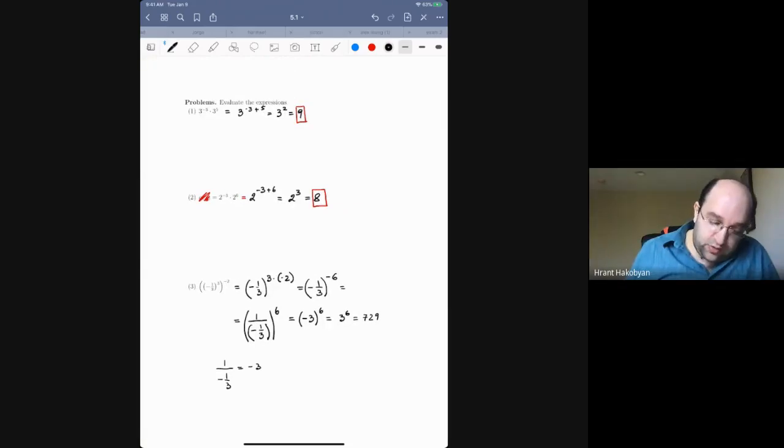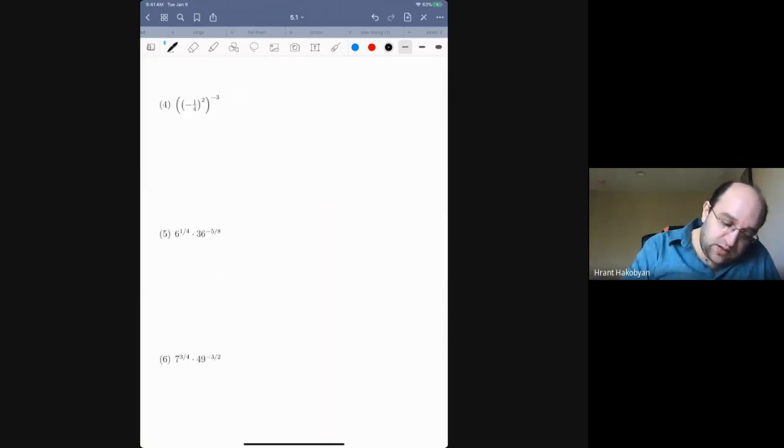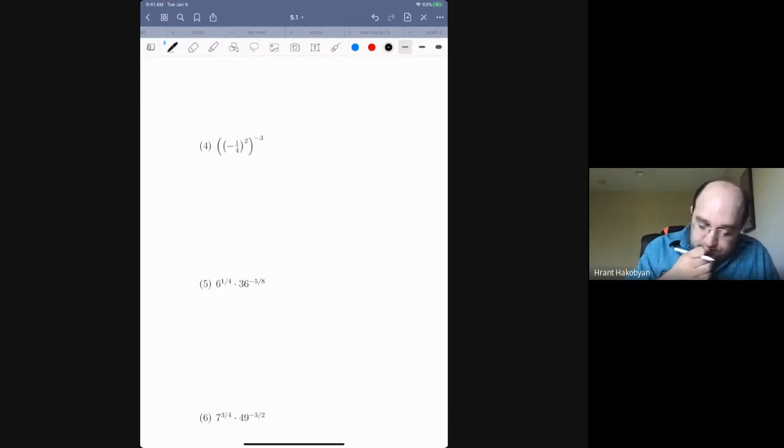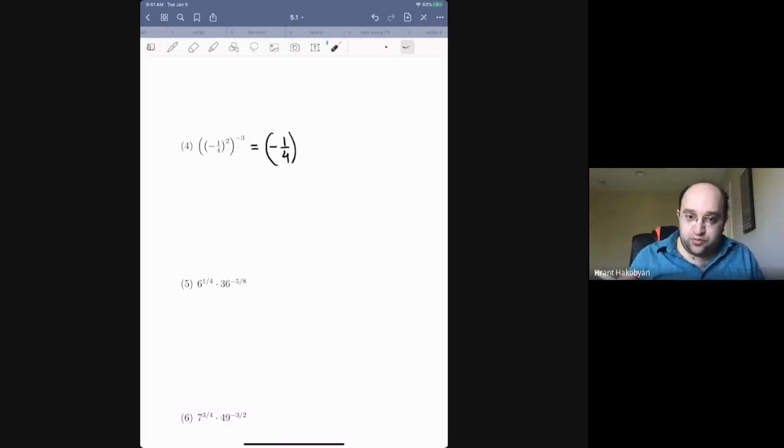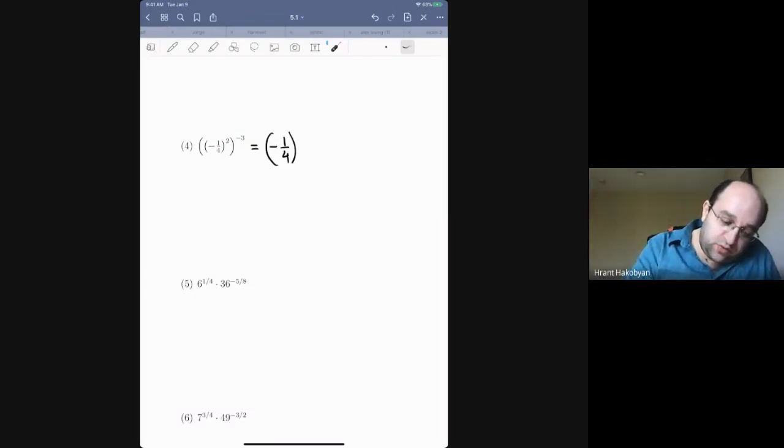Okay, so I'm gonna go to the next one. It's similar. So this is negative 1/4, and now I have again power and then another power. So power of a power. When you do that, you multiply the powers. So it's 2 times negative 3.